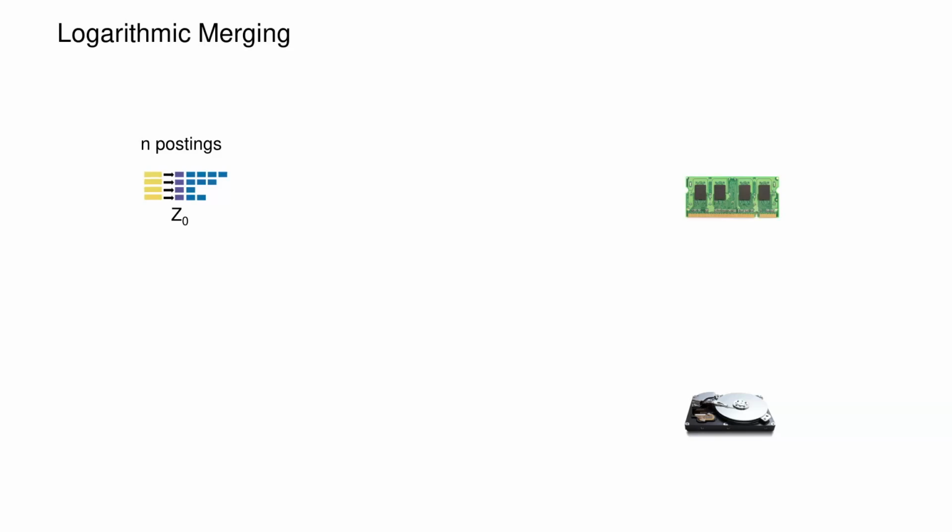So I have n postings that have arrived, and that gives me a standard inverted index, quite small. And all I do is I just store it on disk. And that's going to be known as my level 0, right? Level 0 of my LSM tree. And that's one standard size, standard inverted index.